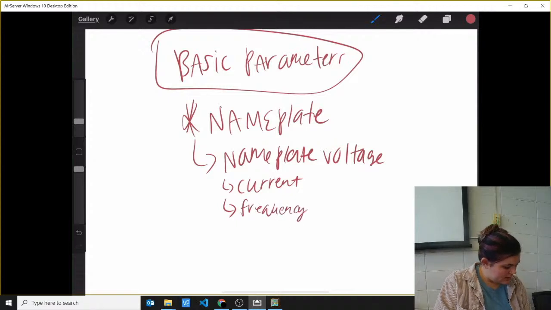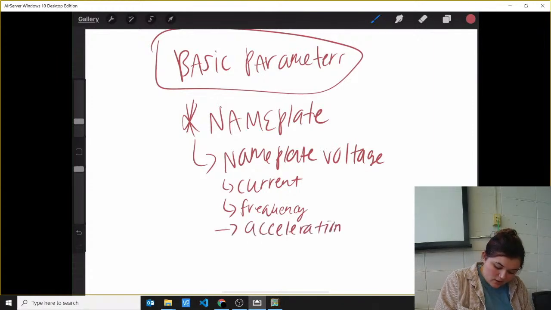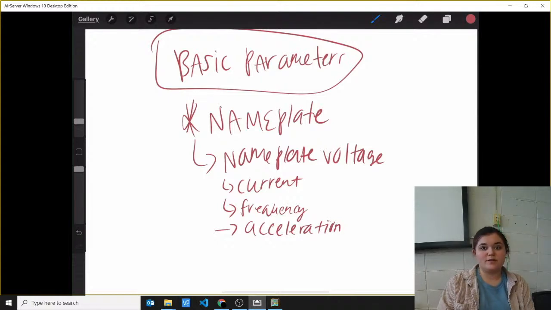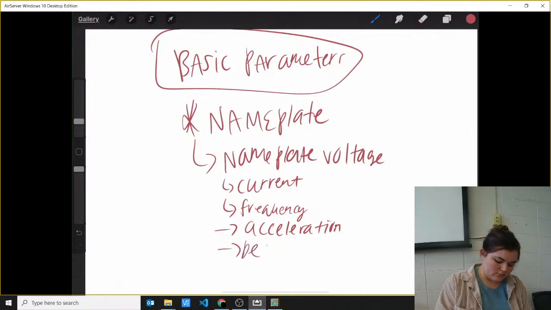the desired acceleration time, so how long we want it to take for this motor to get to operating at full capacity, and then deceleration time. Oh, and the stopping mode. That could be a parameter.